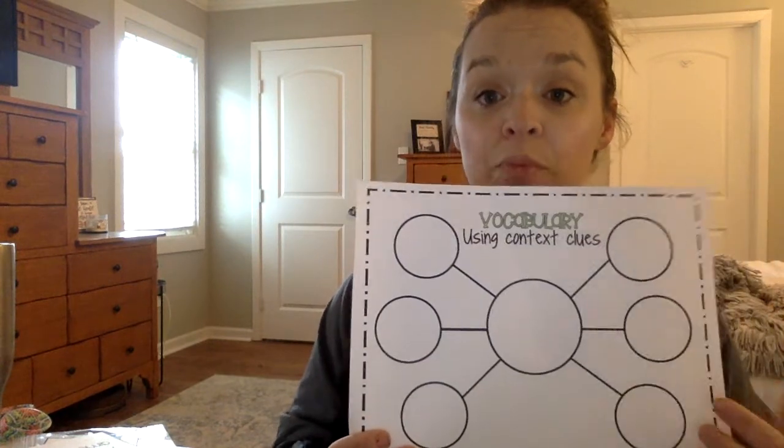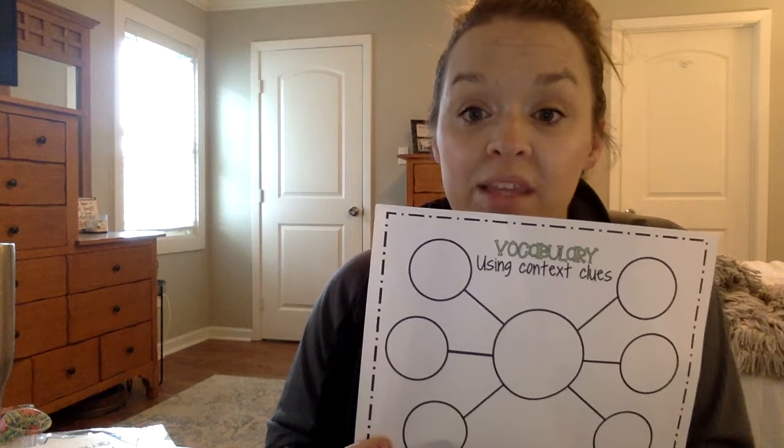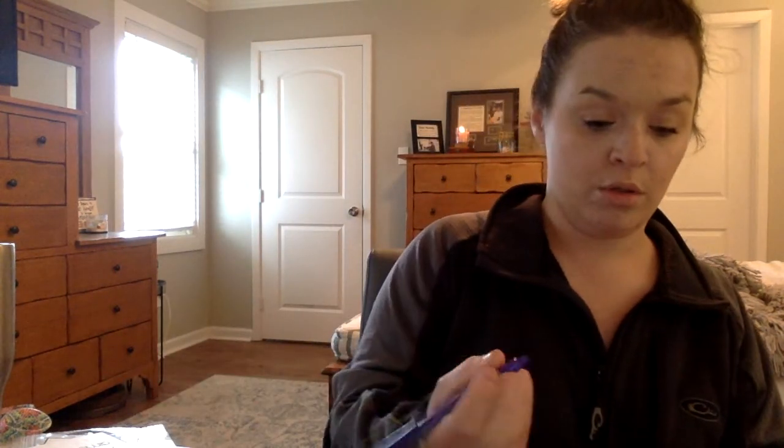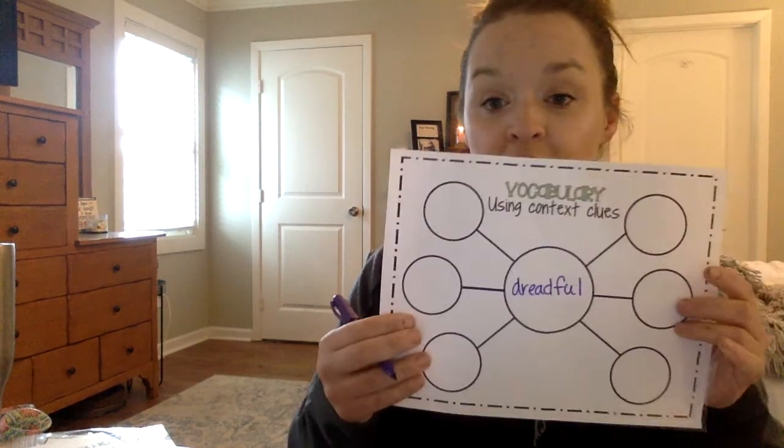Remediations for students that aren't getting it right off the bat. What I'm going to do for them is group them by pairs of two, and either a para or myself will work with them. We're going to have our vocabulary words in the middle of each of these. So, for instance, dreadful.